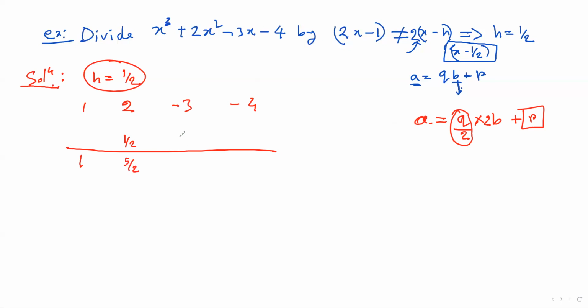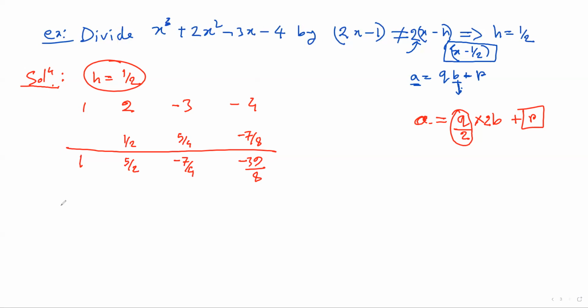Multiply 5 by 2 by half to get 5 by 4 here. And 5 by 4 minus 3 is 5 minus 12, so minus 7 by 4, if I'm not making any mistake. Multiply this by half to get minus 7 by 8 here. Then we get minus 4 and minus 7 by 8, so minus 39 by 8, I think.